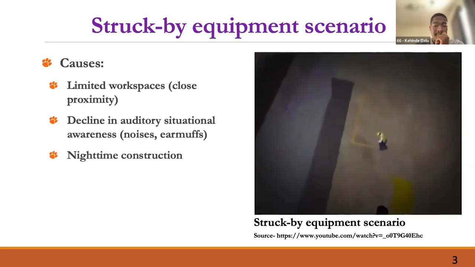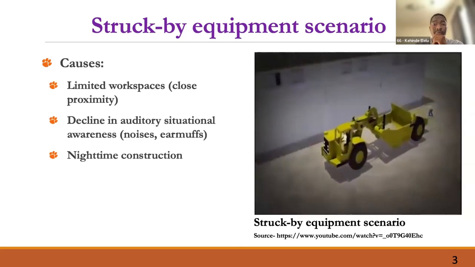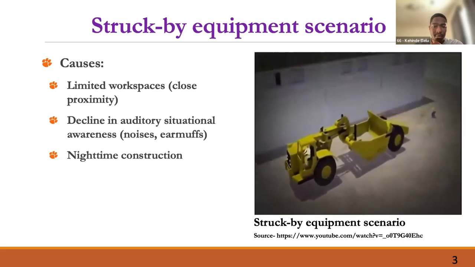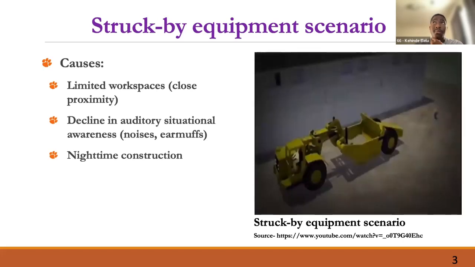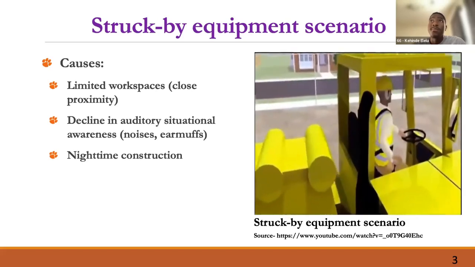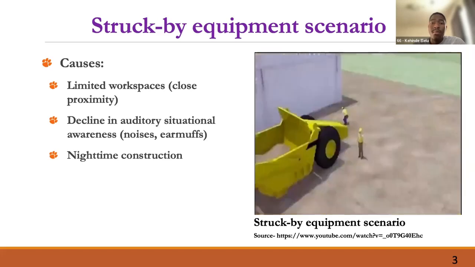Let's look at the events leading up to this tragic incident and see how it could have been prevented. When a vehicle on a construction site has an obstructed view to the rear, OSHA's standard requires employers to provide that vehicle with a working backup alarm or a spotter on site to tell the driver when it is safe to back up. Now let's see what happens when protective measures are in place. Although there is now a working backup alarm, it is barely audible over the background noise.